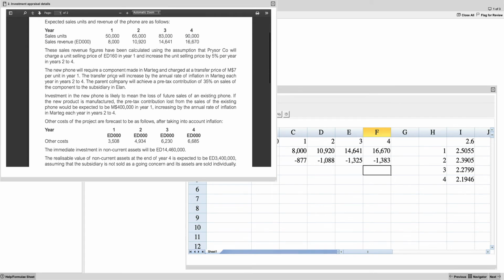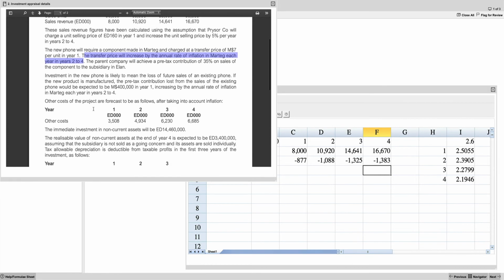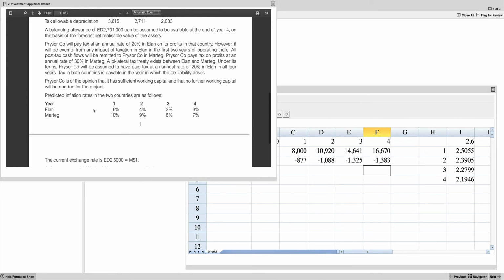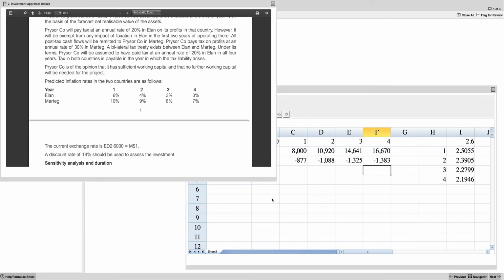Then he says the transfer price will increase by the rate of inflation each year from year 2 to 4. So that's not quite right, because I need inflation in years 2 to 4. So you go to our inflation figures. Because you've done it on a spreadsheet, it's not so bad. Year 2: the price wouldn't be 7, it'd be 7 times 1 point whatever the inflation rate was. It's in our currency, isn't it? So 1.09.